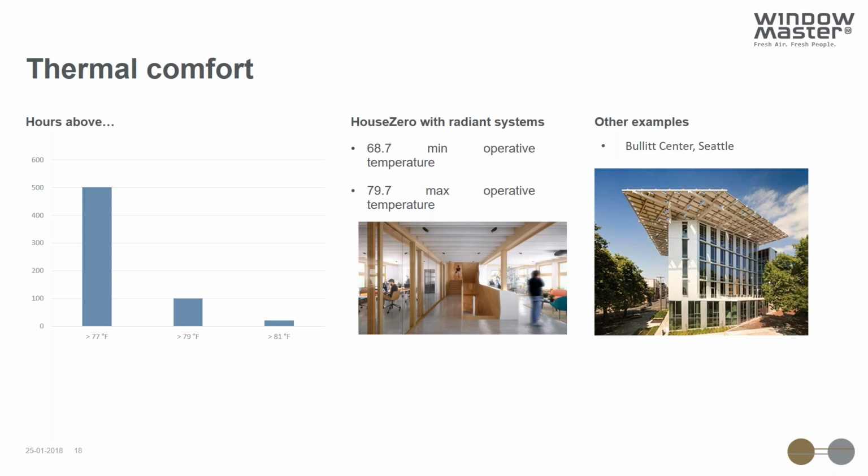For example, in Bullet Center we have 2 weeks of discomfort, and in that case the alternative strategy to deal with this discomfort was just to say that in those 2 weeks you're going to wear shorts or t-shirts, because we're not going to implement, for example, a mechanical system in a mixed mode system just for 2 weeks.